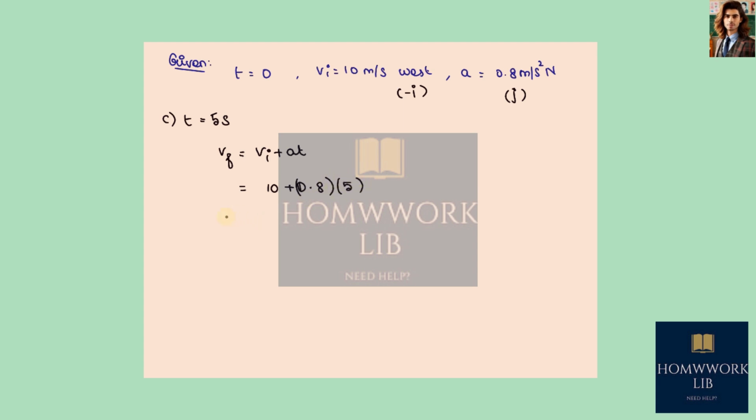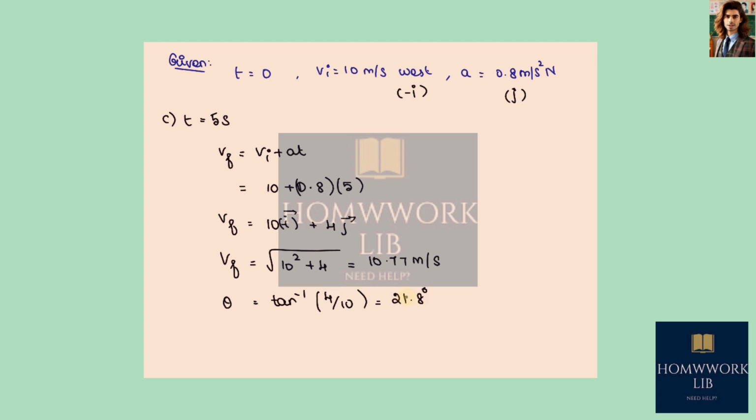So this gives the final velocity equal to 10 minus i vector plus 4 j vector, and if we find the magnitude, we get square root of 10 square plus 4 square, that will be equal to 10.77 meter per second, and the angle theta will be tan inverse of 4 by 10, which is equal to 21.8 degree.